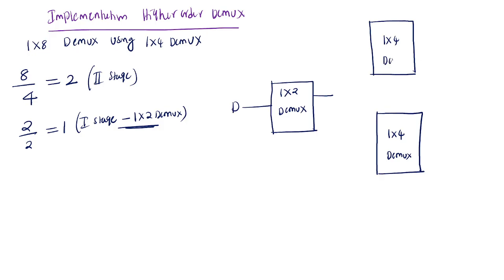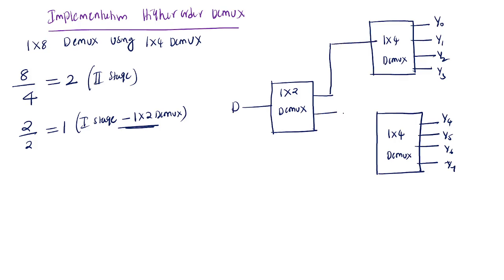This is a 1x4 demux and this is a 1x4 demux. How many outputs are there? Eight outputs: Y0, Y1, Y2, Y3, Y4, Y5, Y6, Y7. So this output is acting as a data pin for this demux, and the other output is acting as a data pin for the other demux.